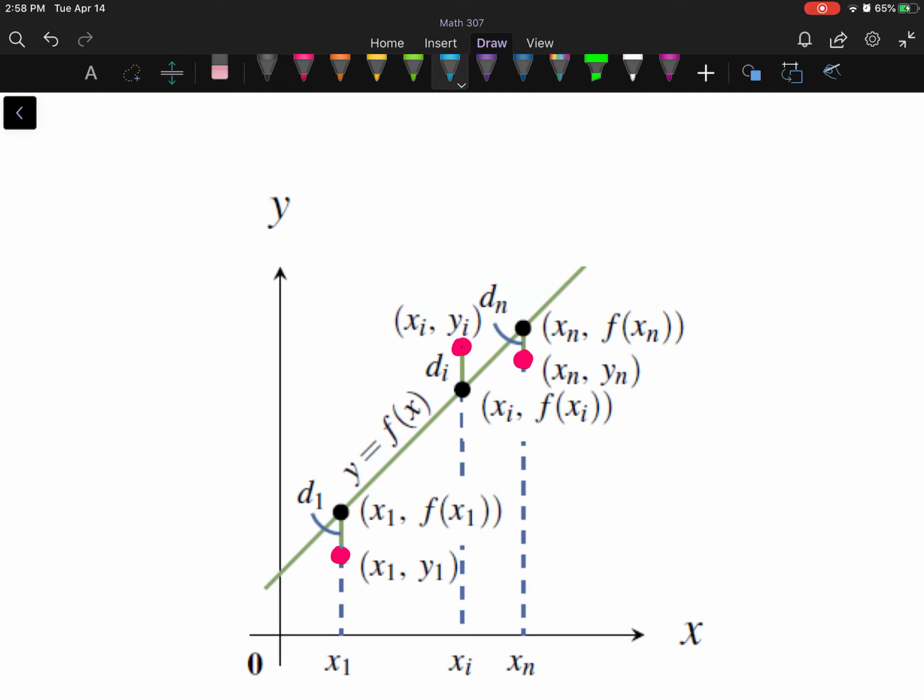All of these distances are labeled with d sub some number. We've got d1, di, and dn here. Those distances are the things that we are minimizing the sum of the squares of. So we're minimizing the sum of squares of distances.